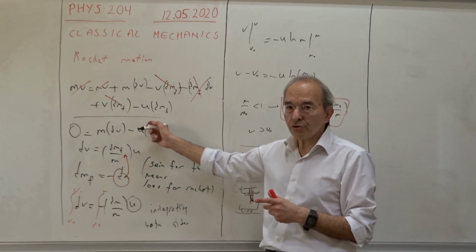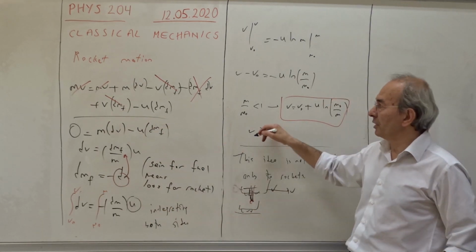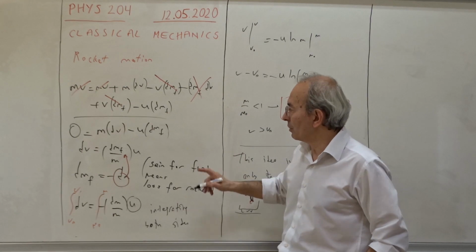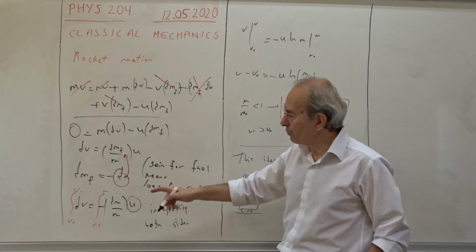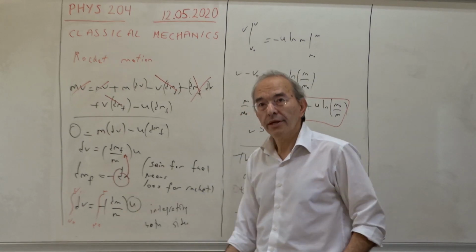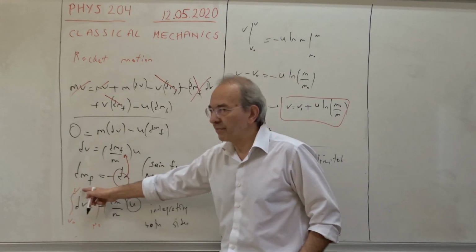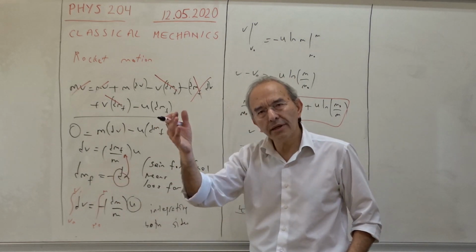But for the case of the rocket, it is not the same situation. So velocity increases by some small amount dv. And at the end, you necessarily should take this integration between some initial value and the current value. This is not the final one. This is the current value at time t.